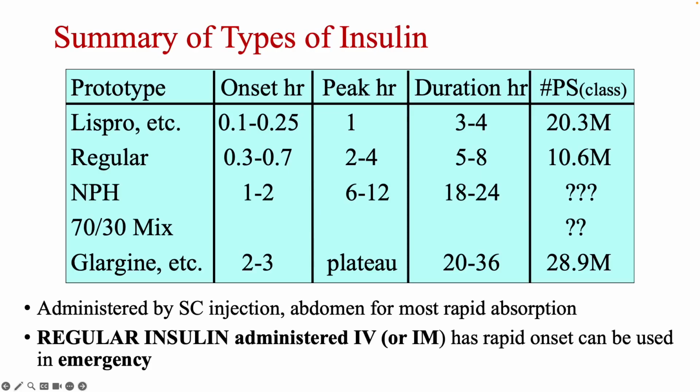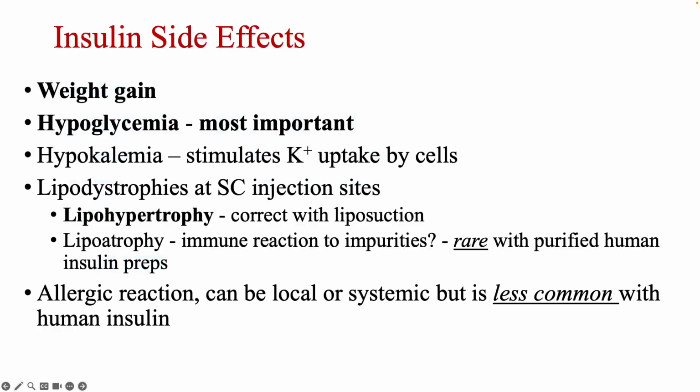What's one thing I said about insulin? It's our storage molecule, which means insulin can cause weight gain, right? And that's one of the biggest side effects with insulin. Although it doesn't have a lot of side effects because it's a natural hormone, weight gain is a big side effect from this, as well as hypoglycemia, which is probably the most important of them. Most diabetics actually don't feel too bad running at 200 or 300.